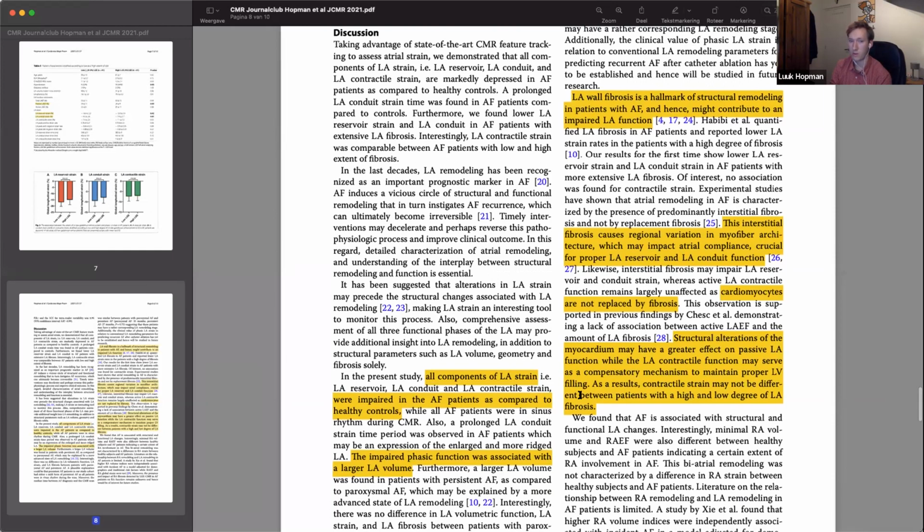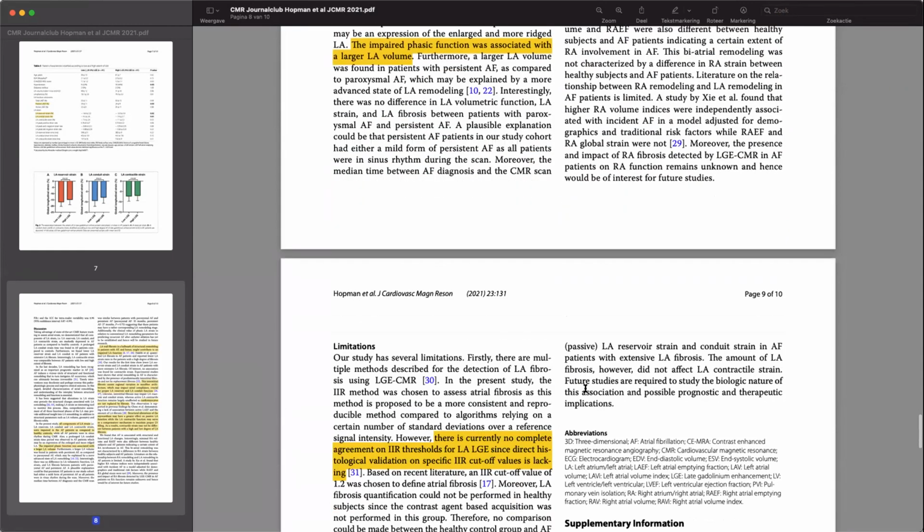And because cardiomyocytes are not replaced by fibrosis, the left atrial contractile function remains largely unaffected. An alternative explanation may be that the contractile function serves as a compensatory mechanism to maintain proper left ventricular filling, and therefore is not different between the two groups.